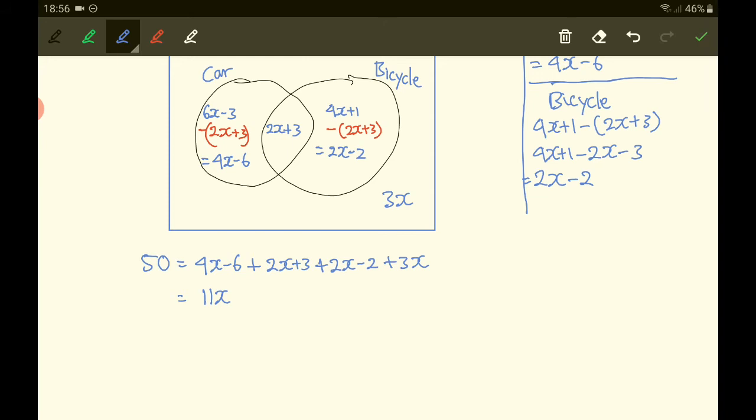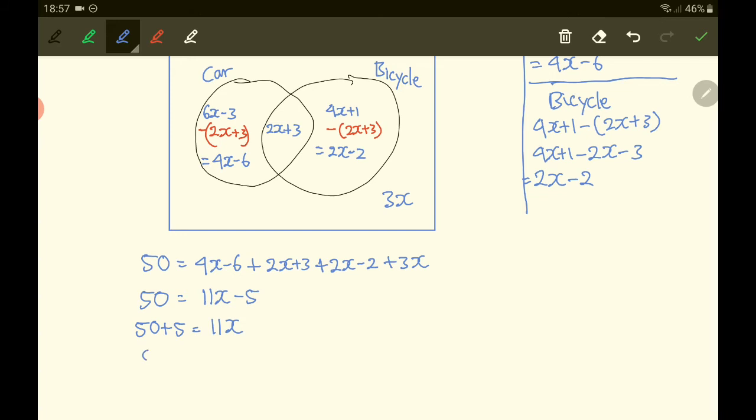So I think I get minus 5. So 11x minus 5 equals 50. Then I move the 5 to the left. So 50, the minus 5 moved to the left becomes plus 5, equals 11x.